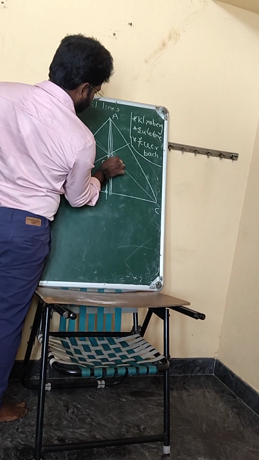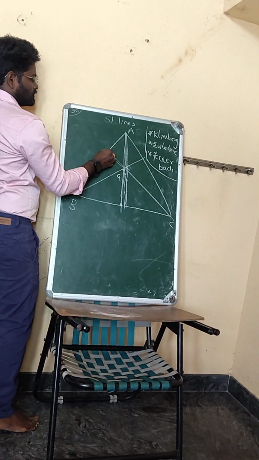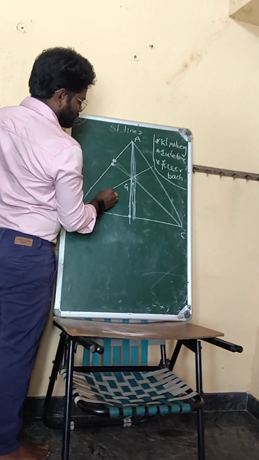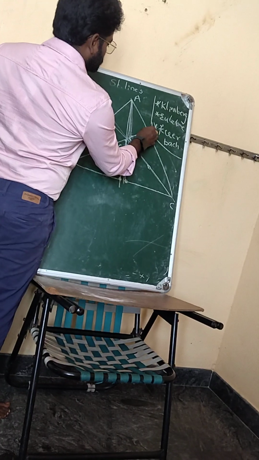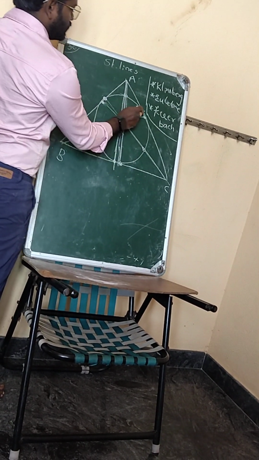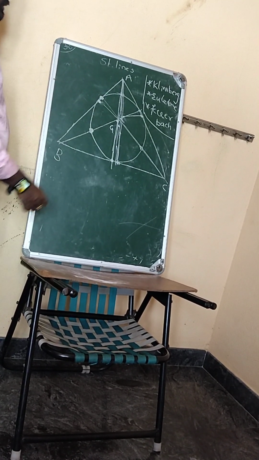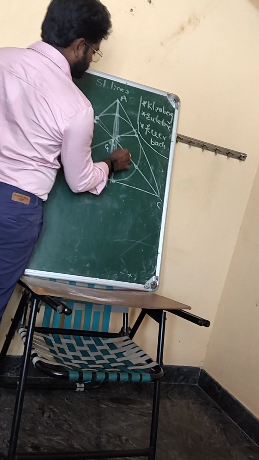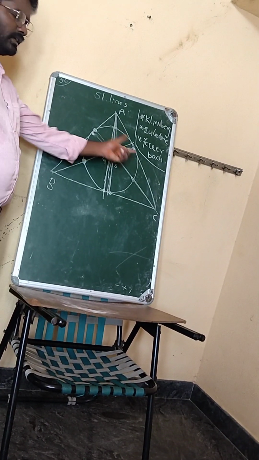Draw the same lines. Clear. First point, second point, midpoint, same, midpoint. And total 9 points: 1, 2, 3, 4, 5, 6, 7, 8, 9. Then this is the 9-point circle. Centroid, orthocenter, circumcenter, incenter, and Euler line dividing ratio 2:1.